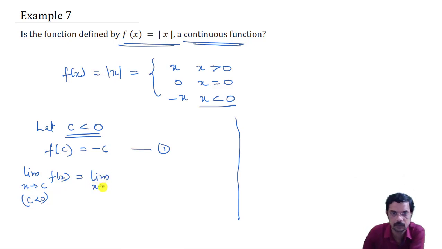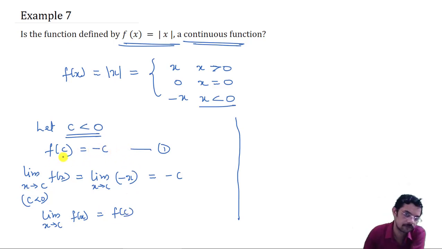So limit x tends to c of minus x. When you put x equal to c, you get minus c. Therefore the limit as x tends to c of f of x is equal to f of c, for the left hand side of 0.